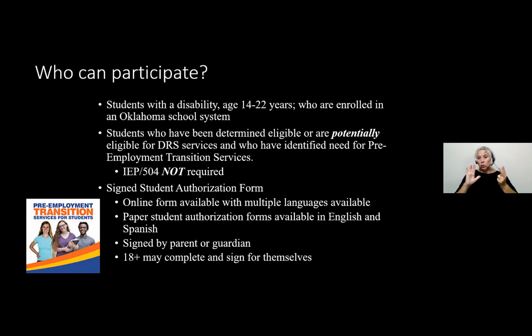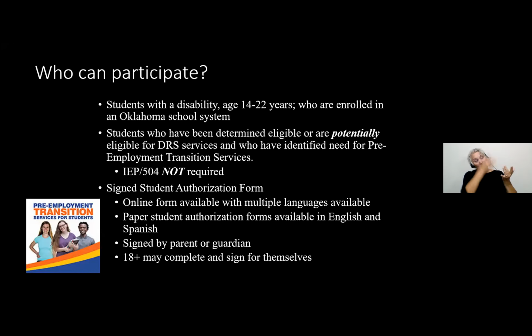What we do require is that all of our students sign, or they have a signed consent form. And we do have online forms available. And within that online form, there are multiple languages available. So that often helps in the struggle to get a signed form back from a parent.